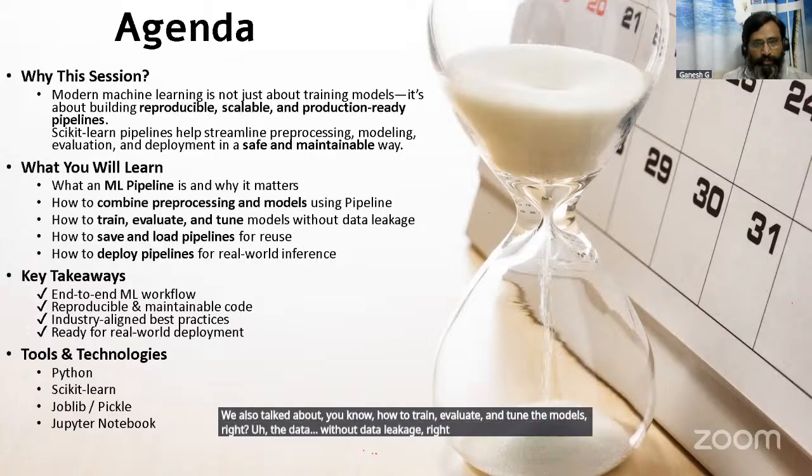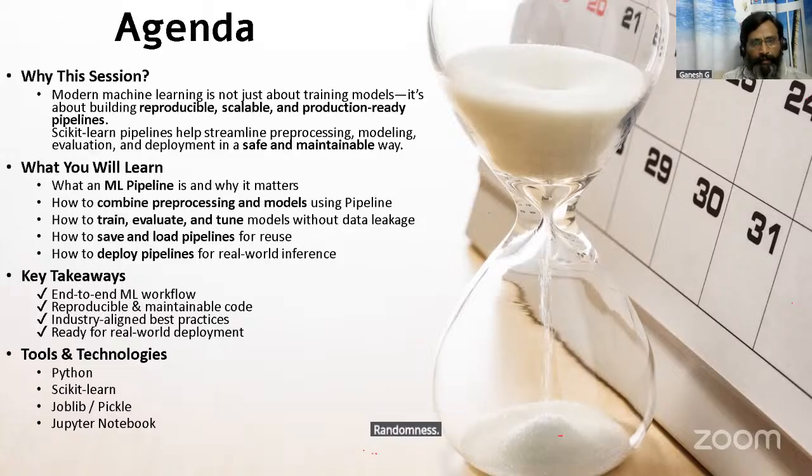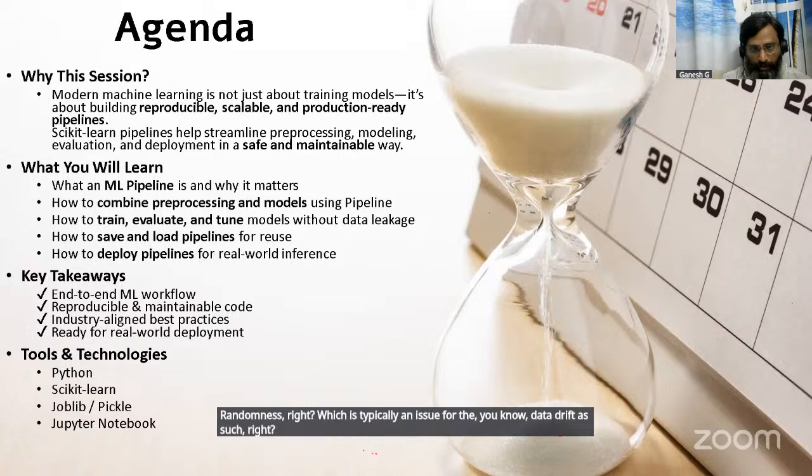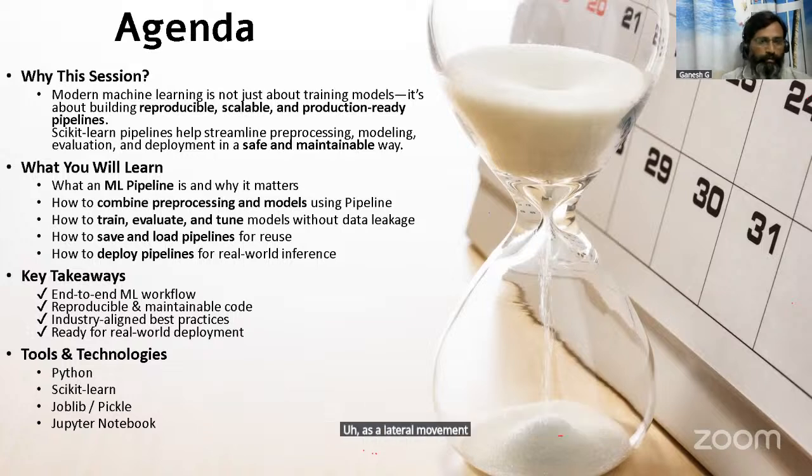We utilize the fit and split to even control our randomness, which was typically an issue for data drift. As a lateral movement, you wanted definitely to restrict it to the specific environment.